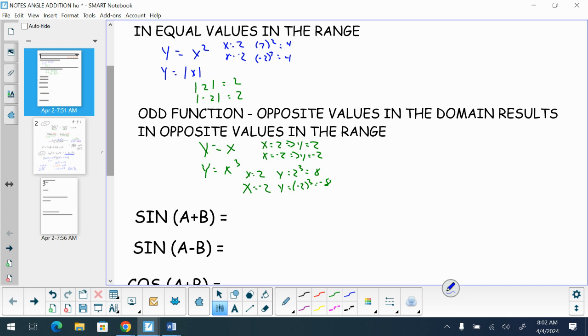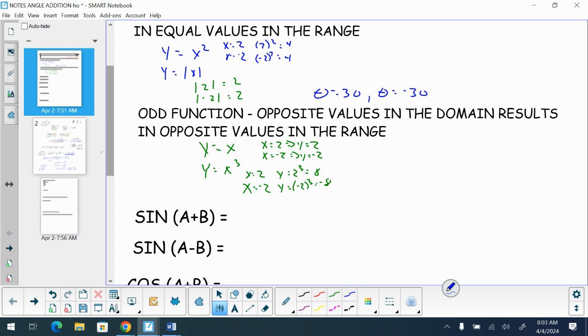And keep them both, one line after the next line in your calculator. I plug in 30 and I plug in negative 30. I'm plugging in opposite values from the domain into the sine function.